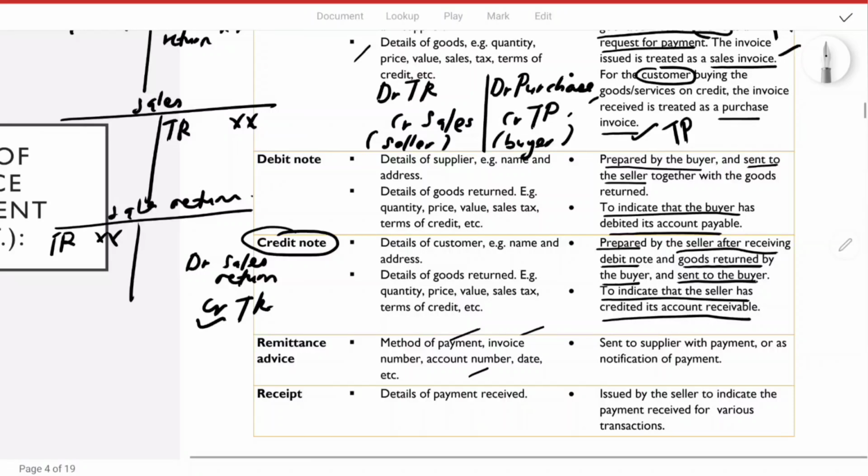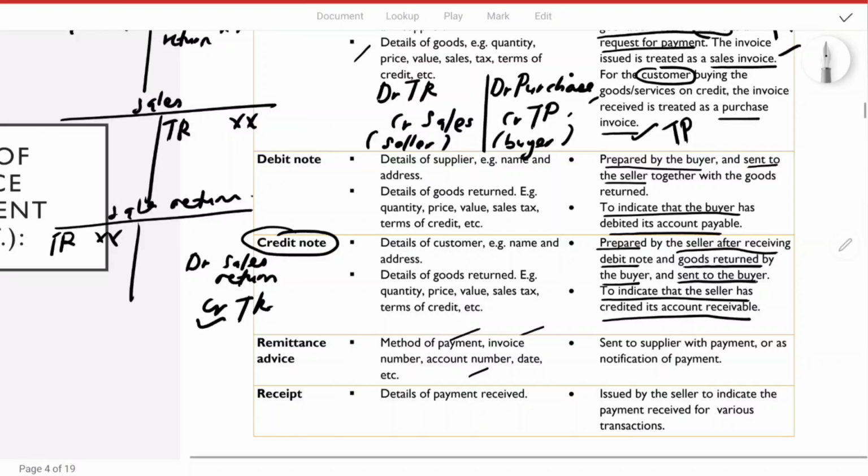It's like when you purchase online and you share with the online seller the bank slip that you download from the app or screenshot from the app. That can also be considered a remittance advice.